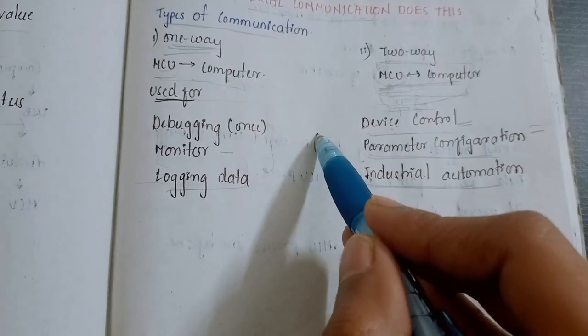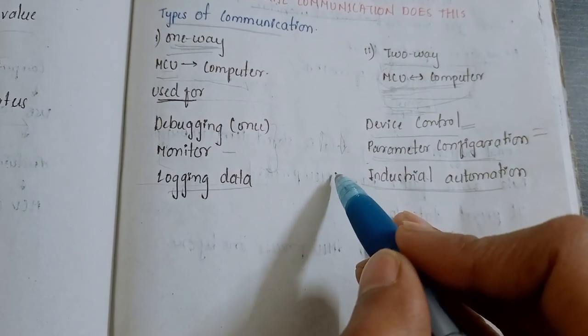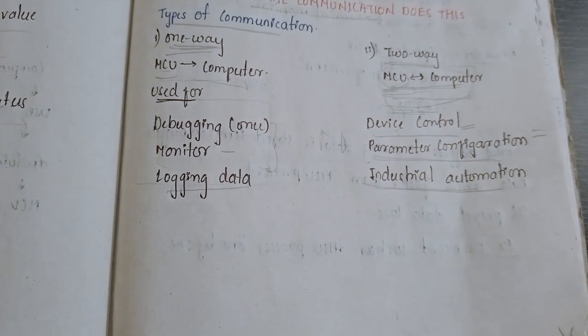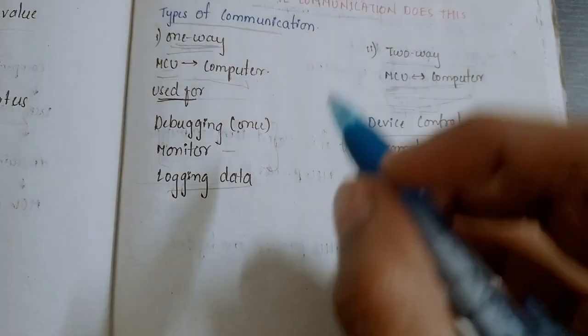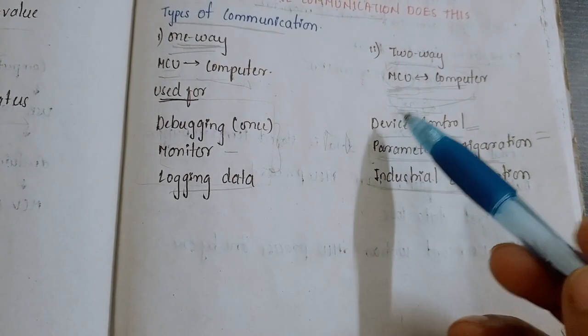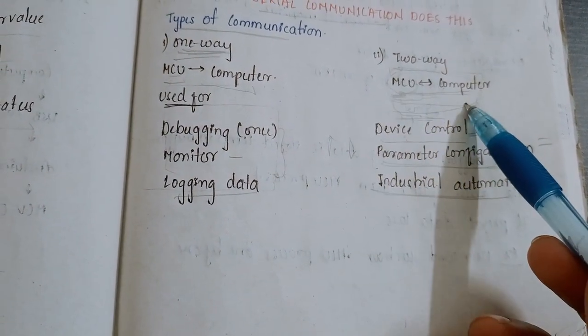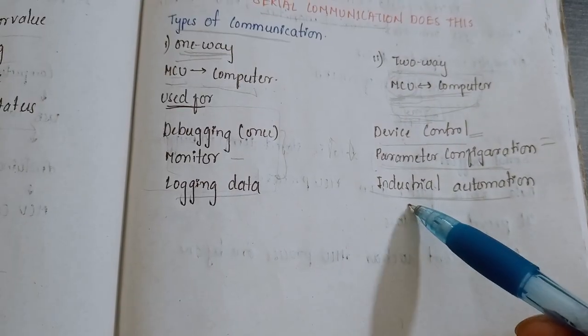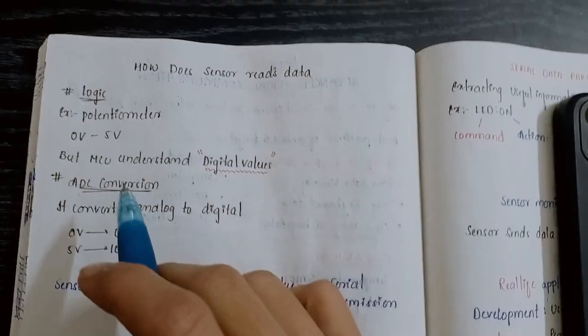If there is any increase or decrease in temperature beyond the required conditions, it would be communicated between the microcontroller and the computer, and it could be automated using embedded and IoT systems.